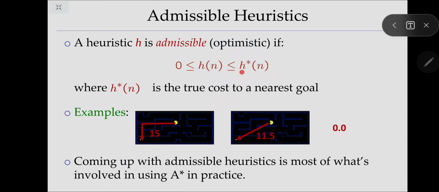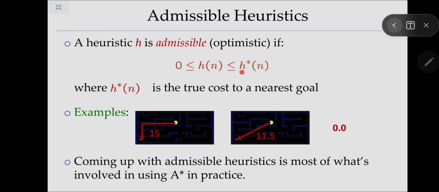It is a good question that h star n, as the optimal cost, cannot be accessible from the node, because if you find the optimal cost to travel to the goal, the problem is terminated and we do not need to expand more nodes.